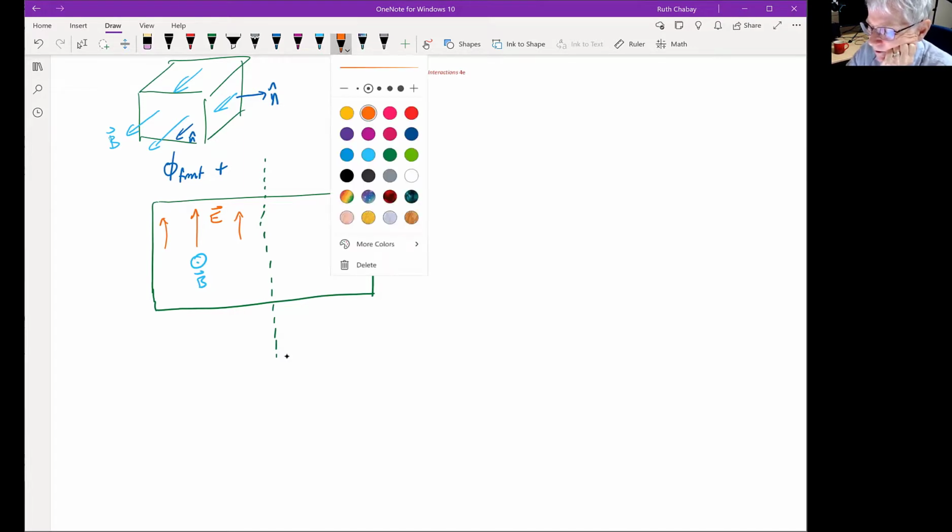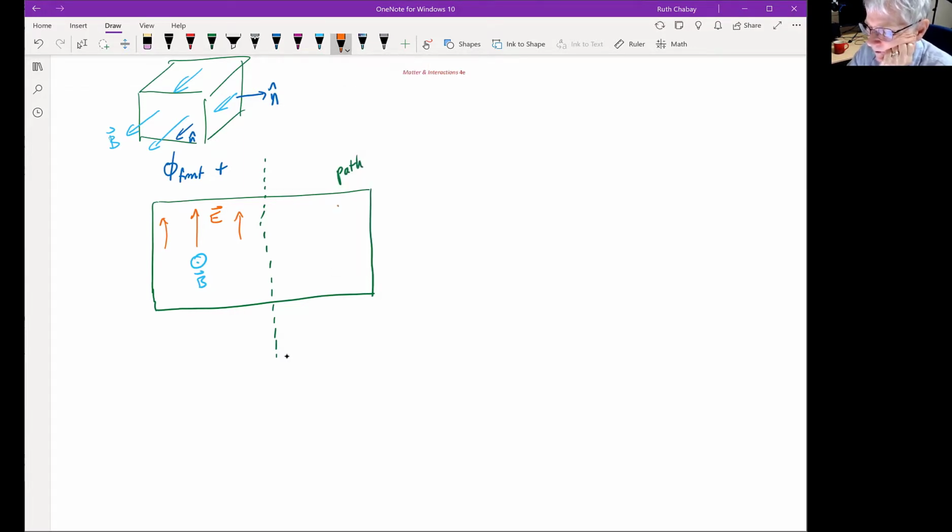So over here, E is 0 and B is 0. And on the left-hand side, E and B are non-zero. Okay, and we're going to take a snapshot at one instant.